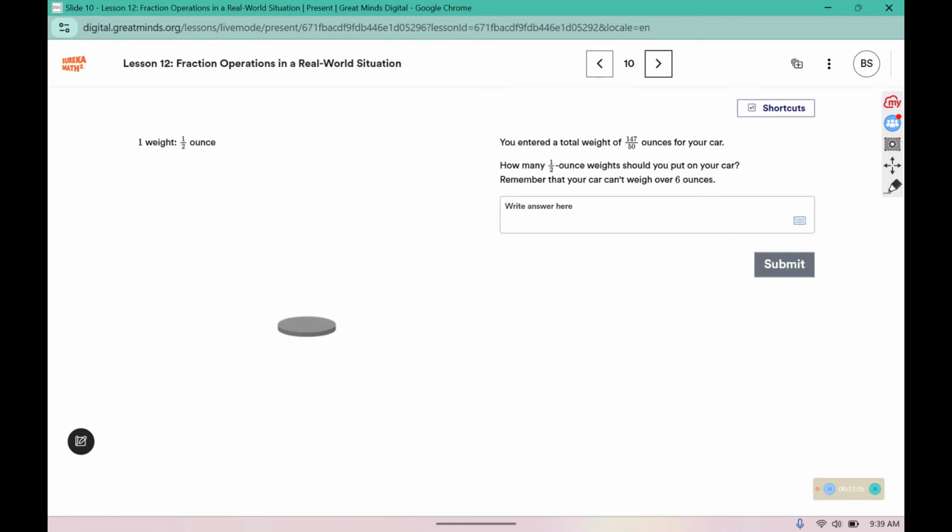You entered a total weight of 147 over 50 ounces for your car. How many half-ounce weights should you put on your car? Remember that your car can't weigh over 6 ounces. So I want to probably get close to 6 ounces so that my car is heavy, and then as it's going down the ramp, it's picking up speed. But I don't want to exceed 6 ounces.